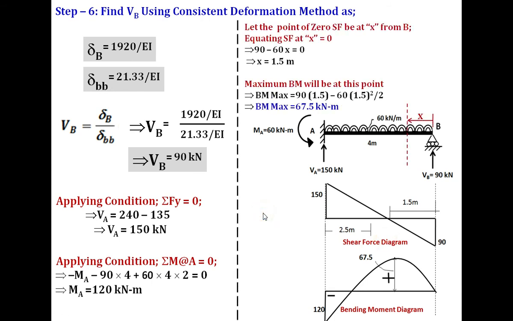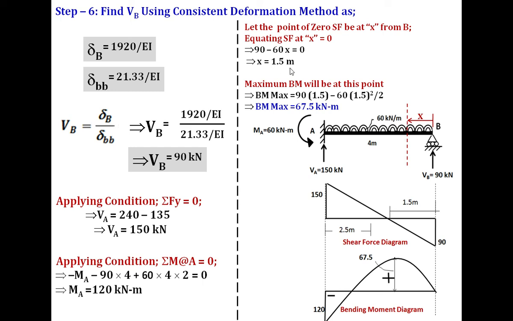In order to know the point of maximum bending moment, we have to find the point of zero shear. Let's say x is the distance at which the shear force becomes 0. When we write the equation from here, 90 is upward and 60 into x is the downward load, and we set this to 0 to find x.